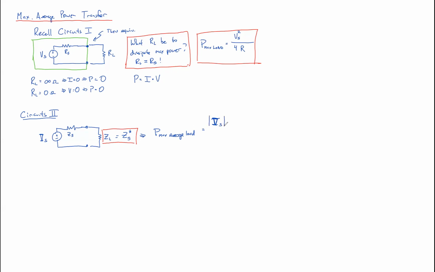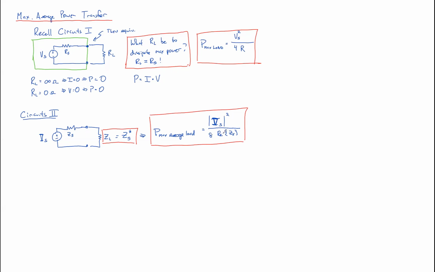We're going to take its magnitude, we're not interested in its phase, and square it, and divide it by 8 times the real part of our source impedance. So that looks kind of like what we got up here, except instead of the 4, it's an 8.